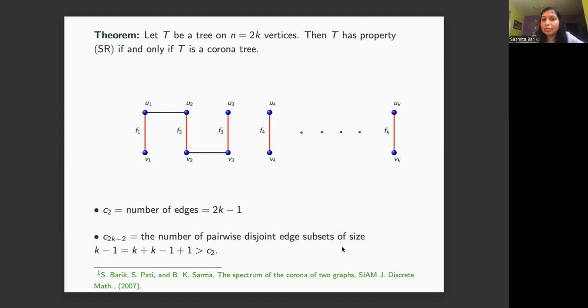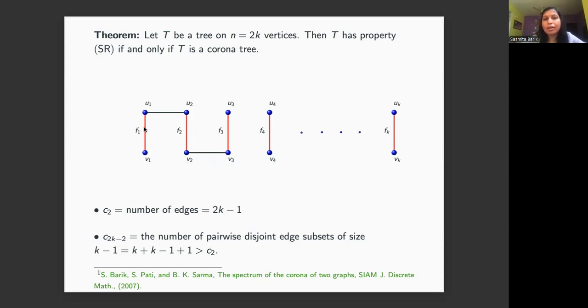How many such subsets are there? I have to take k minus 1 edges. There are already k matching edges I have drawn like this. To count how many k minus 1 edge subsets I can make, I'll just take k minus 1 matching edges from these k matching edges.